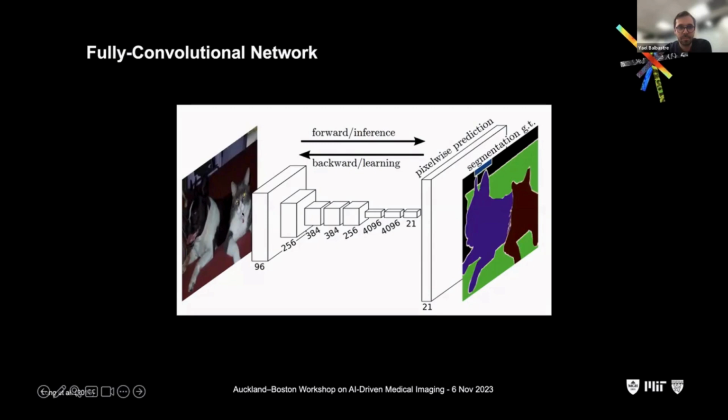What they were doing is saying, well, I can just take a patch and then classify it. I'm taking one of these super exciting classification networks, and what I'm going to classify is just the class of the center pixel in that patch. And they did that, and got pretty good results.